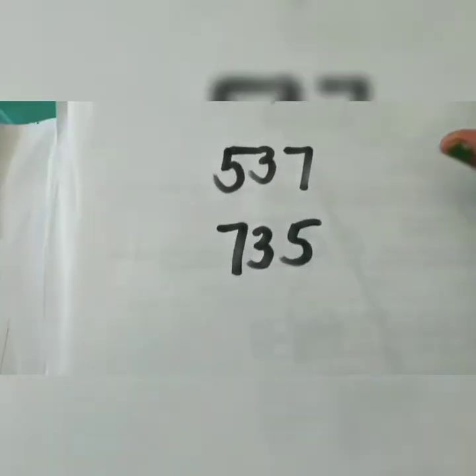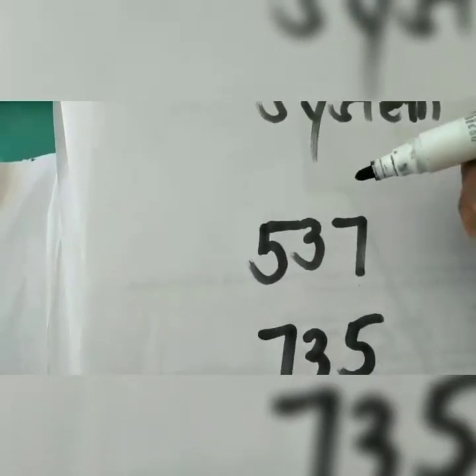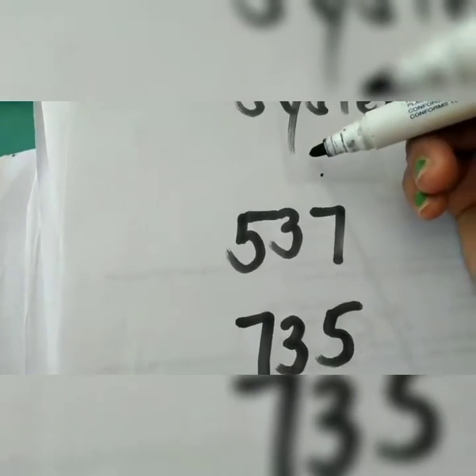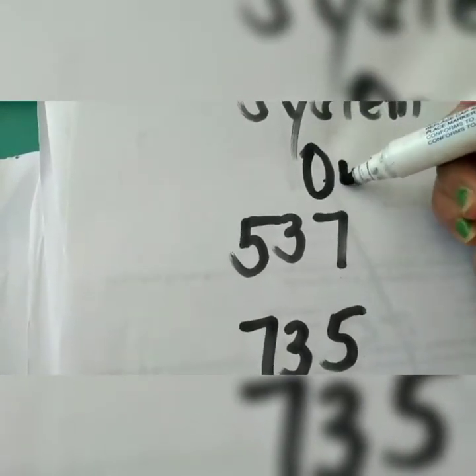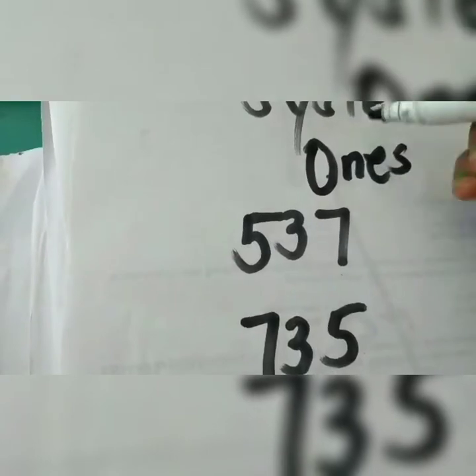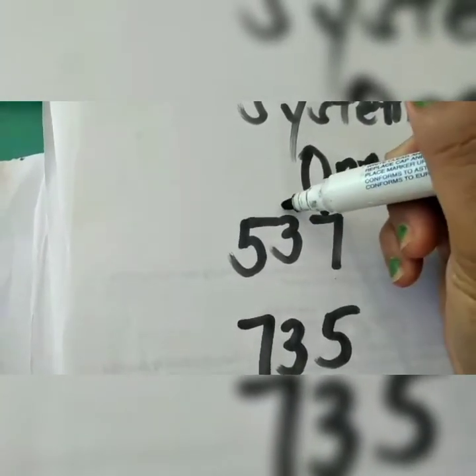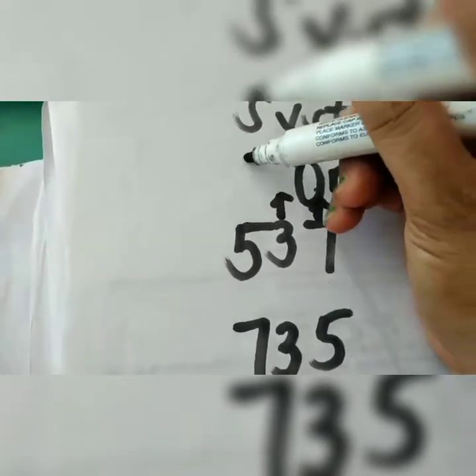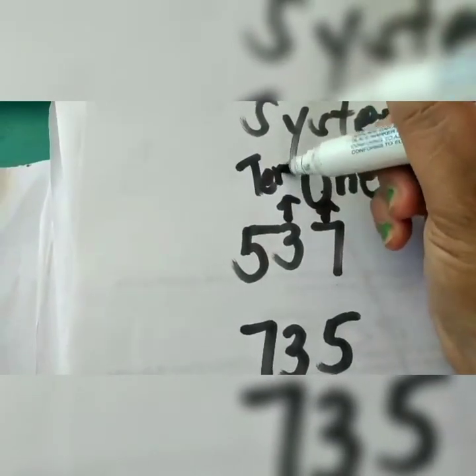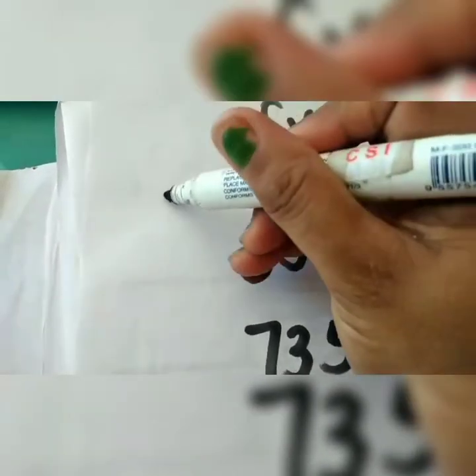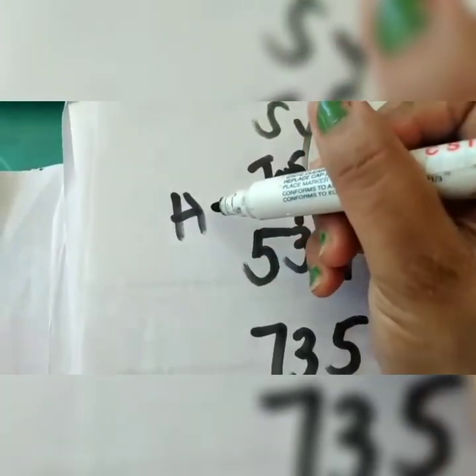Okay, take a look at the value of each number. Here, the value is ones. The second one is tens. Then next is hundreds.